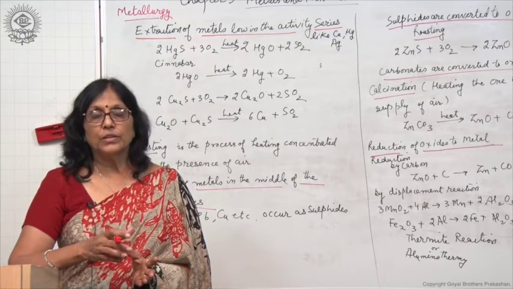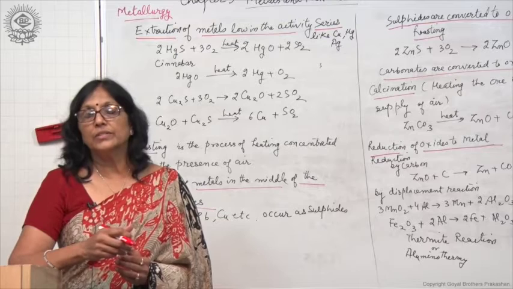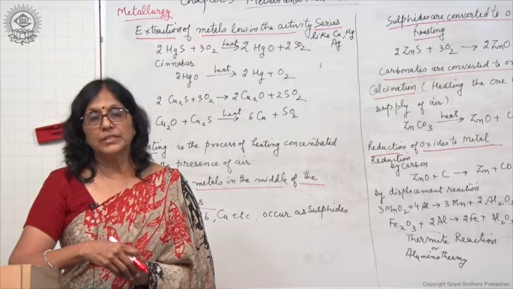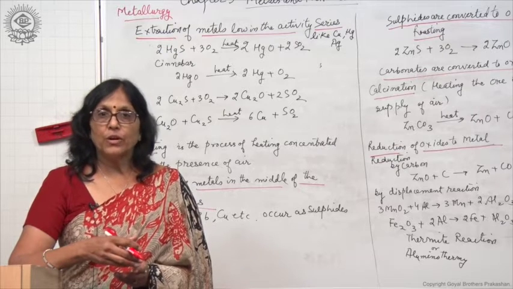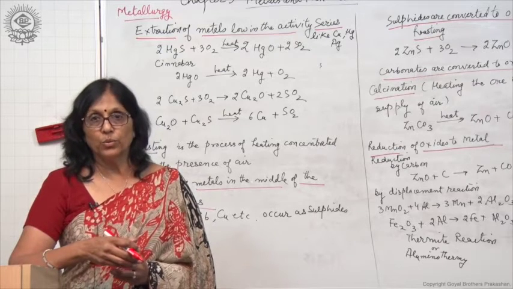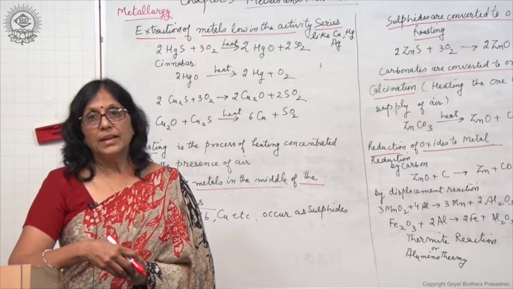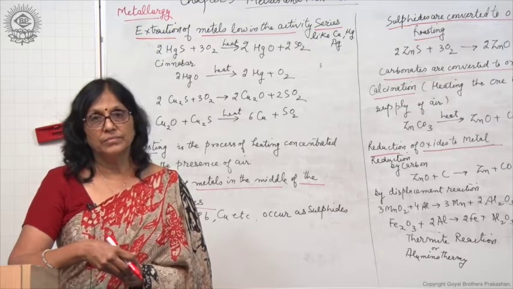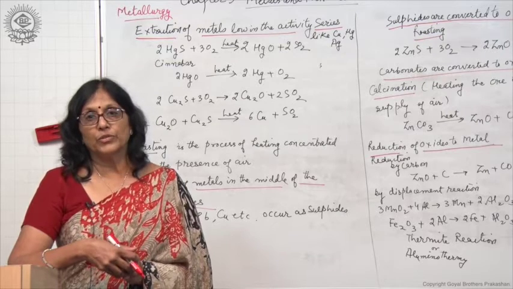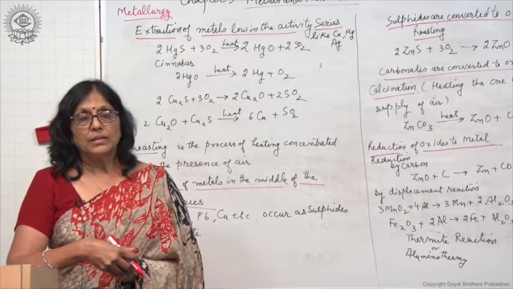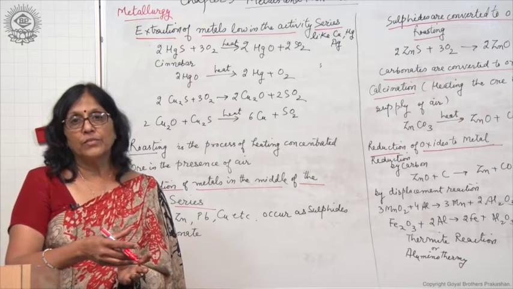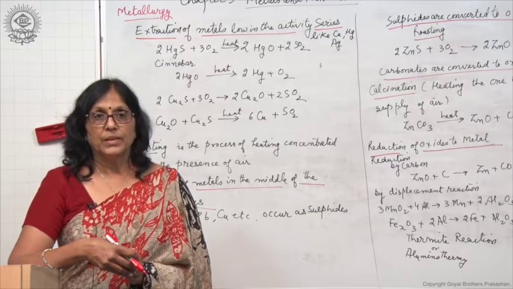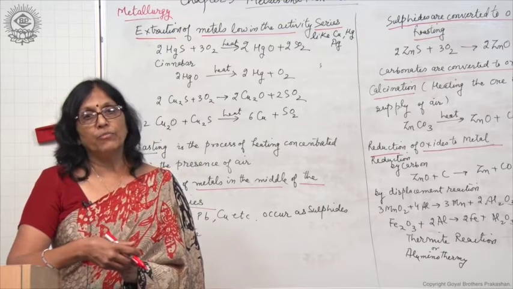So, first of all the rocky material is mined and then crushed and then concentrated, that is, the gangue is separated from the ore, and then extraction of metal from the concentrated ore has to be done by using various processes. How the extraction of metal from the ore is done depends upon the reactivity of metals.